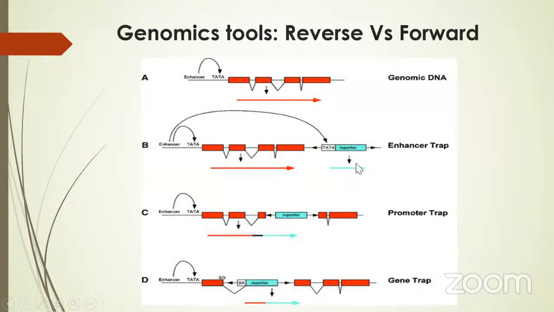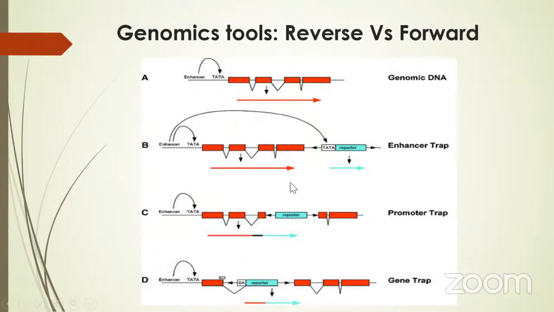So we have constructed a minimal promoter with a reporter gene. If this gene is controlled by an enhancer, then definitely this enhancer will act. First, to understand what an enhancer is: an enhancer is a cis element that is present on the same chromosome as the gene, but from a distal region it is controlling the expression of the gene.